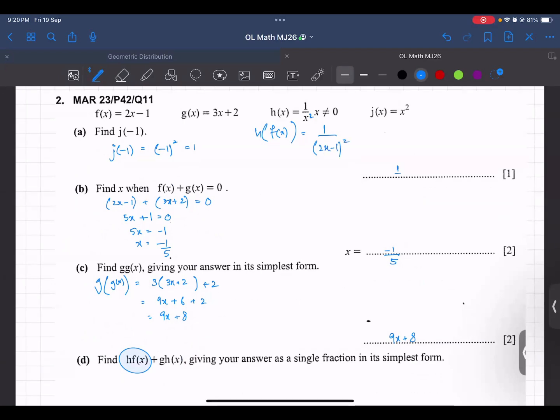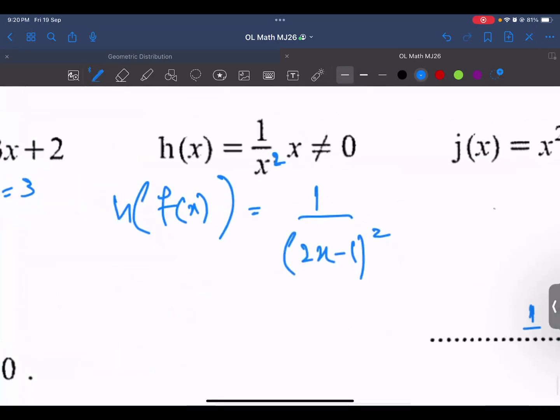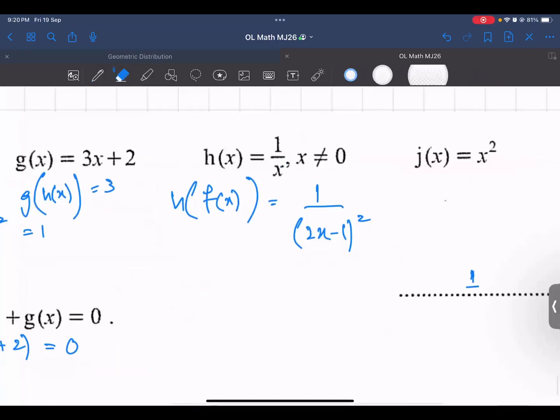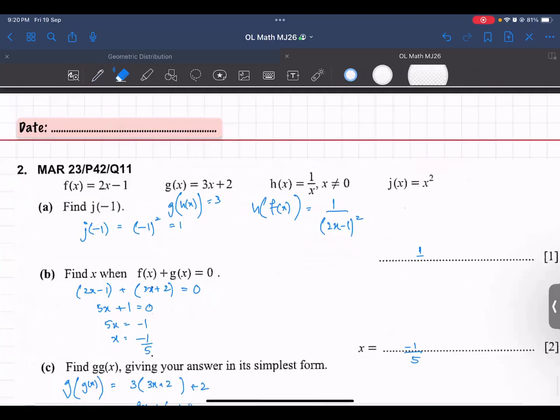And ghx, inside your g, we want to put an hx. So 3 times h is where? 1 upon x. I think it is x square or what, I don't know. It looks like square, but I think it is comma. Sir, it is probably a comma. Comma, yes, I think it's a comma.